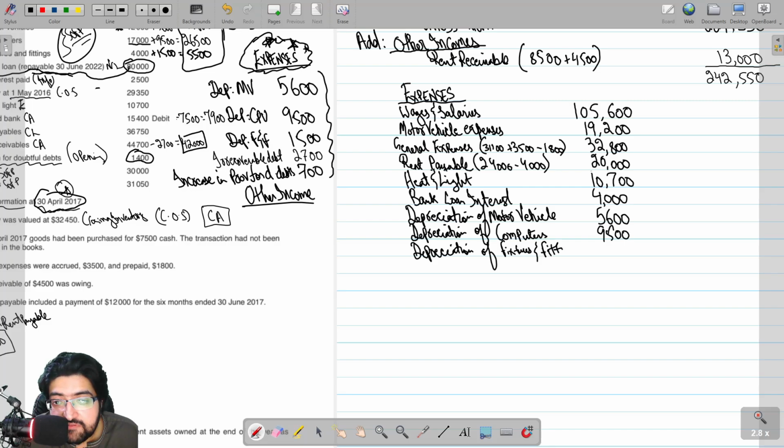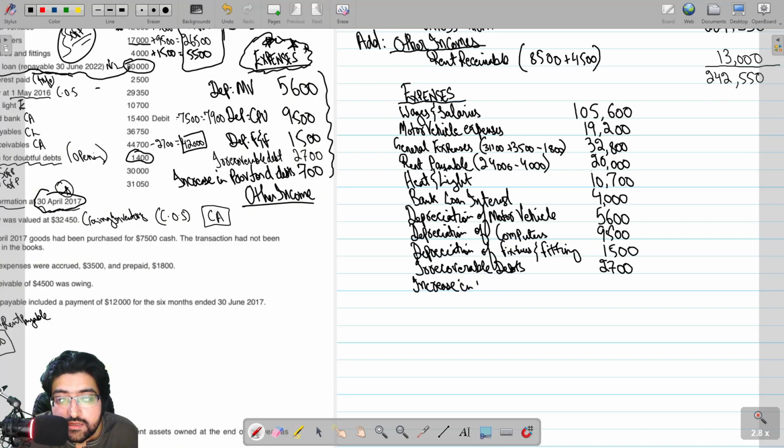I cannot write FNF or fix and fit. No shortcuts now. And the amount is 1500. Okay, after that we have irrecoverable debt. Irrecoverable debts worth 2700. And finally we have increase in provision for doubtful debts.